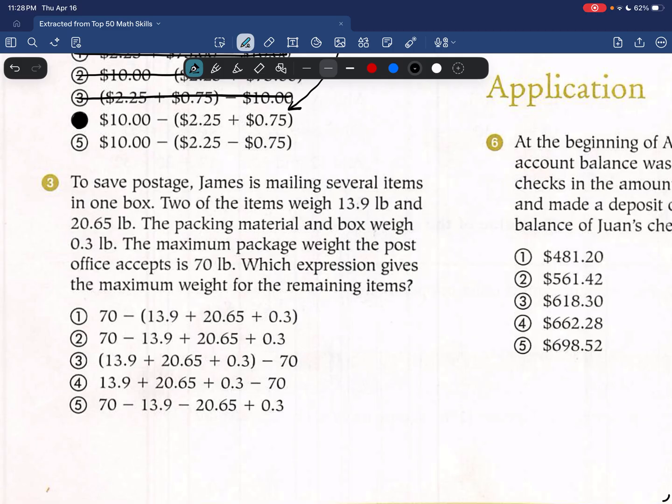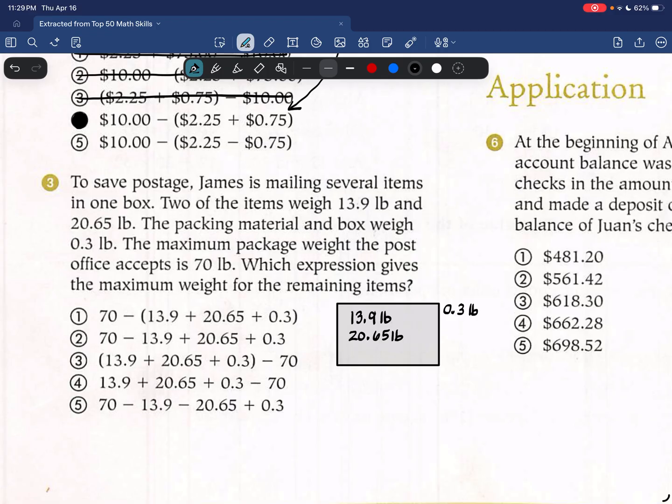So let me think how best to do it. I'm going to do it this way. The box itself and the packaging weigh 0.3. Two of the items in the box weigh 13.9 pounds and 20.65 pounds.